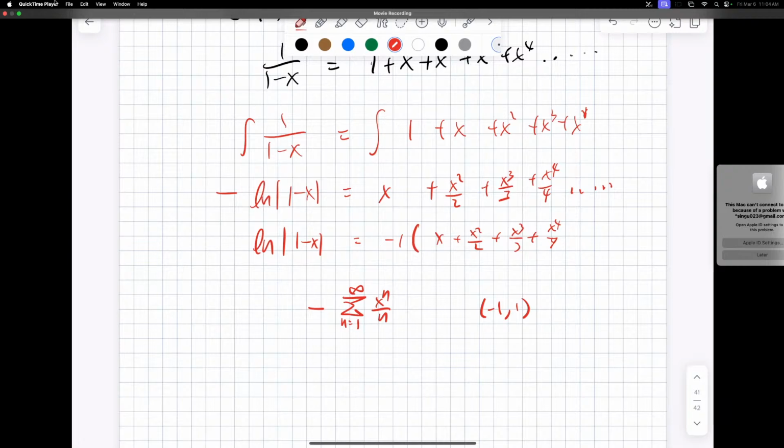What do we do with c? I haven't plugged in yet. We're going to plug in a value.